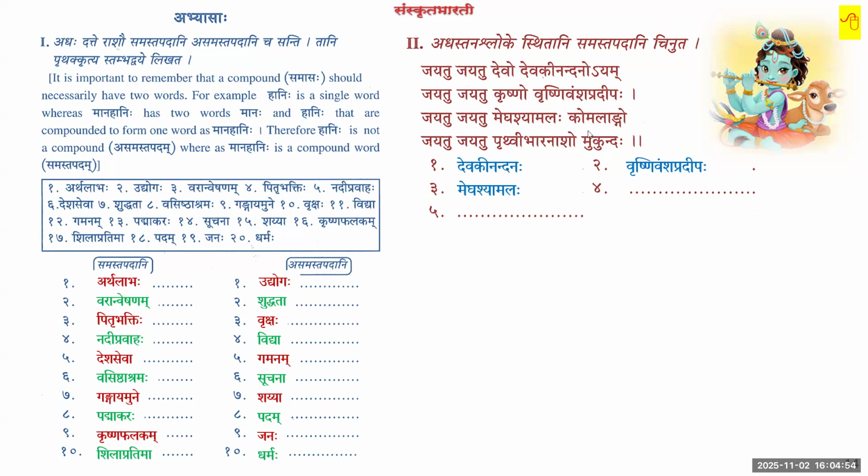Shyamalaha. Komalango. Next one. Komalanga. Angaha, like a komal. Komalaha komalani angani yasya saha. Okay, bahuvrihi samasa. See the difference between all these. For example, Vrishni Vamshehe Pradipaha. Pradipaha is actually referring to Krishna directly rather than as a qualification. You can construct a bahuvrihi as Pradipayati Yaha, but Yaha Saha is not allowed as a bahuvrihi compound.